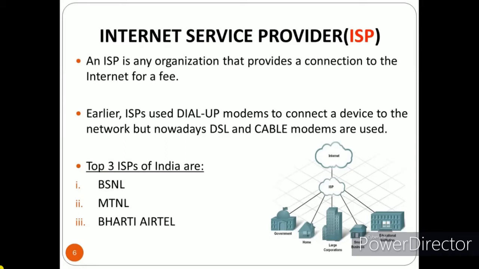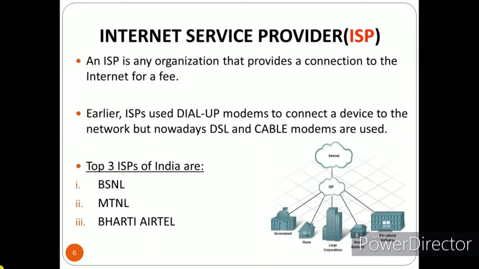Earlier, ISPs used dial-up modems to connect a device to the network, but nowadays DSL and cable modems are used instead of that. The top 3 ISPs of India are BSNL, MTNL, and Bharti Airtel.